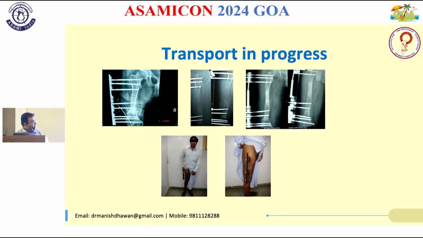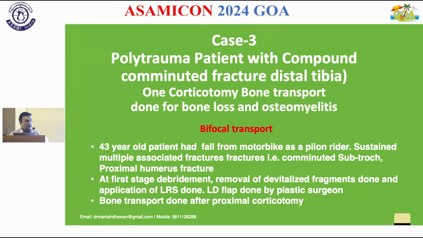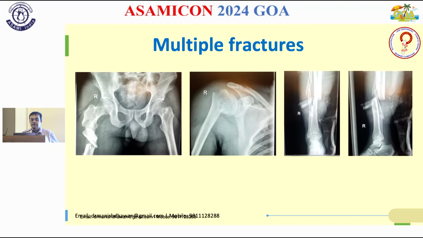So what I did was dock it and do a proximal corticotomy, and this is the situation. He is in Nepal now. He cannot be traced. This is his picture after the frame. His knee was stiff. Next is a polytrauma patient with a compound comminuted fracture of the distal tibia. One corticotomy bone transport was done for bone loss and osteomyelitis.